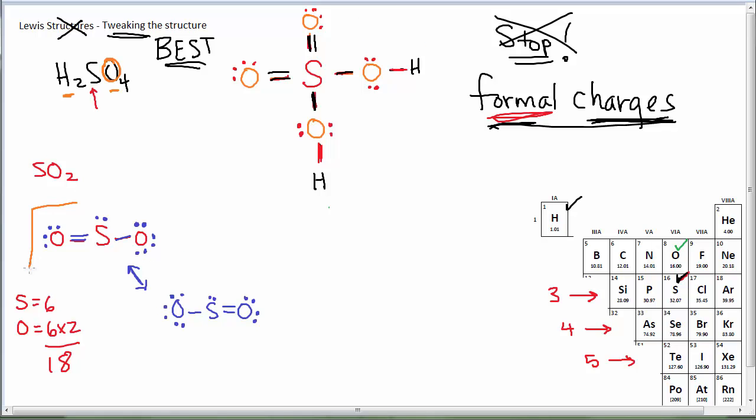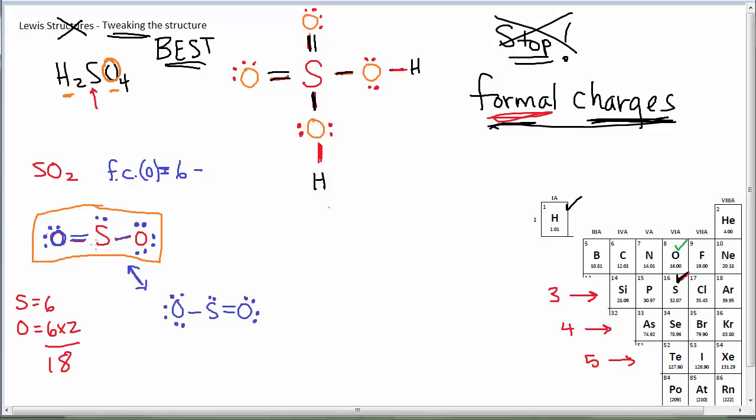Now typically if we're assigning formal charges, we'll just look at one of the resonance structures to assign them. So let's look at this top resonance structure and assign formal charges. The formal charge for the oxygen, now notice my 2 oxygens do not look exactly the same, so let's start with this left oxygen. The formal charge on the left oxygen starts at 6, because that's the number of valence electrons that oxygen has, minus the number of electrons that belong to it. 2, 4 for the lone pairs, 5, 6 for the double bond, 1 for each of the bonds.